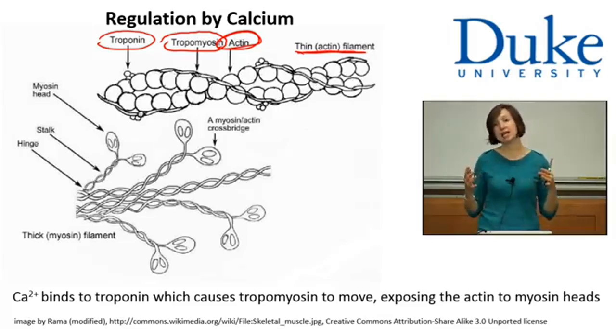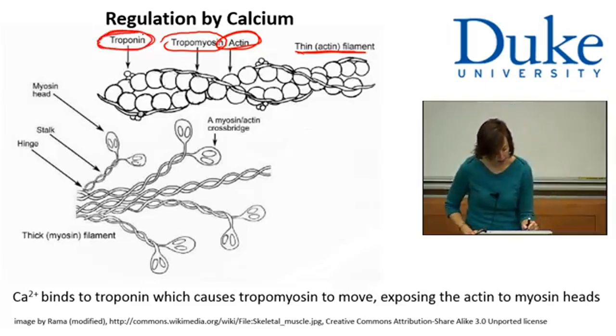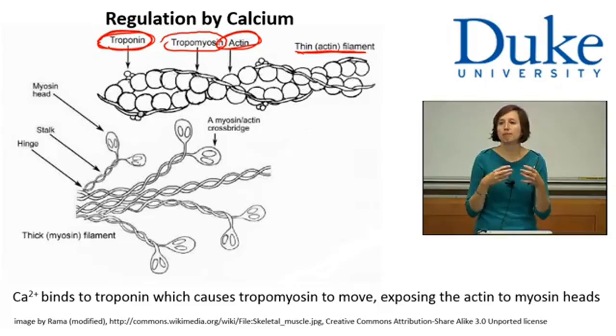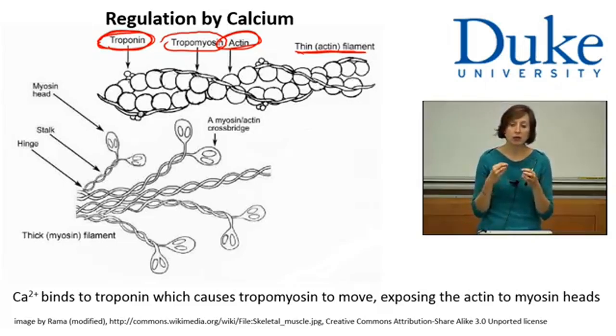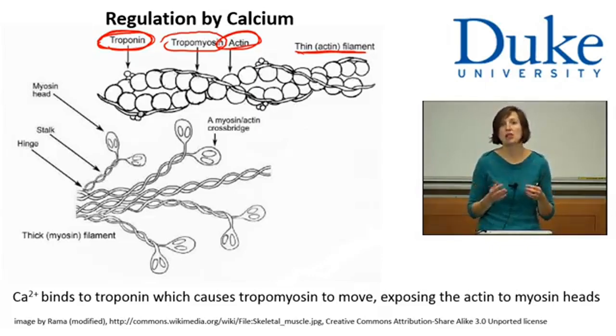With an increase in calcium, the calcium will bind to troponin, which is made up of several troponin molecules, and the binding of calcium to troponin will cause a change in its conformation that causes tropomyosin to be removed from the myosin binding sites on actin.